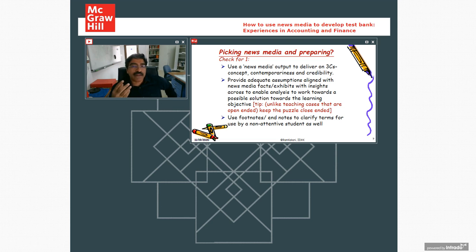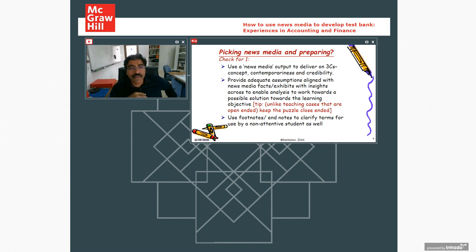And please understand that whenever you create a question paper using news media, unlike a case which is open-ended, wherein all responses are welcome, try to have a news media-based test bank that is relatively close-ended, because puzzles need to have a certain response, and only one response which is relatively far better than the other choices that are available.